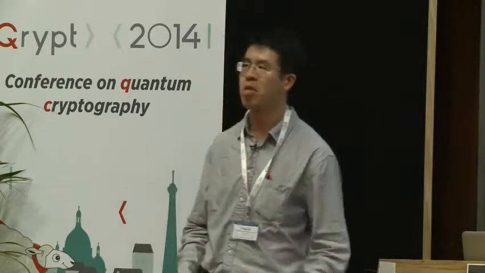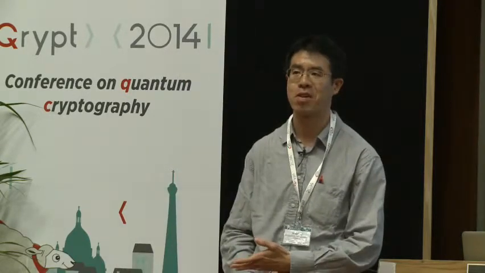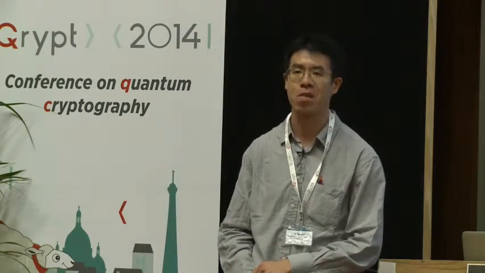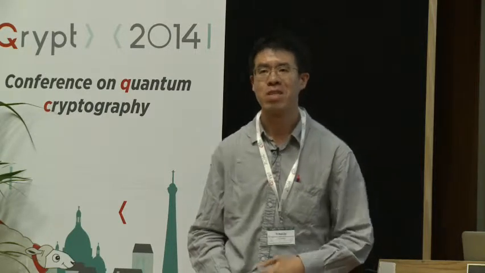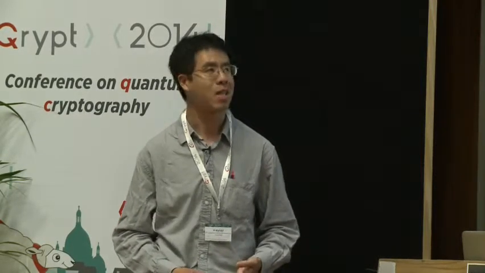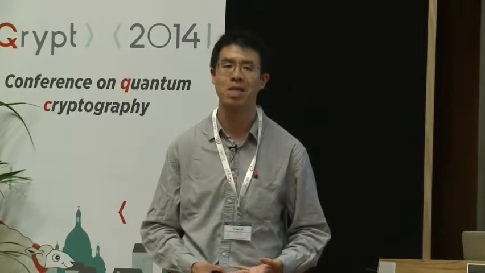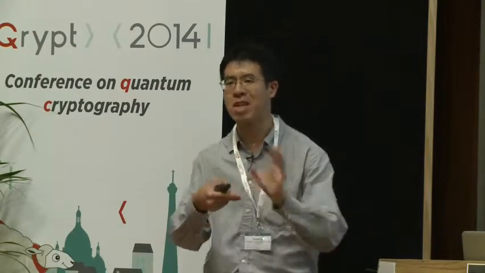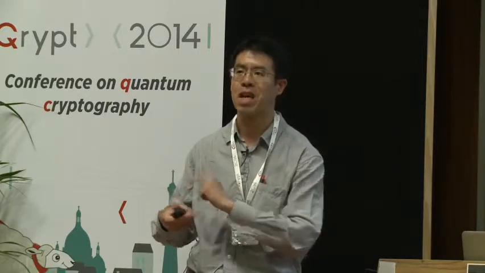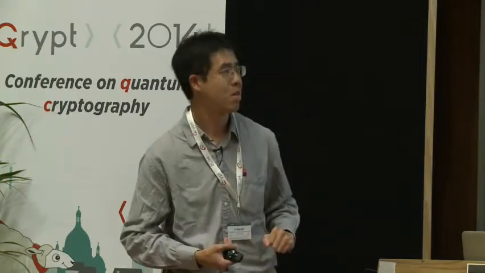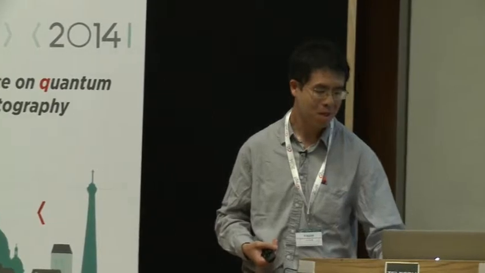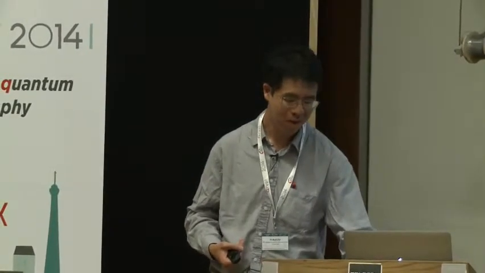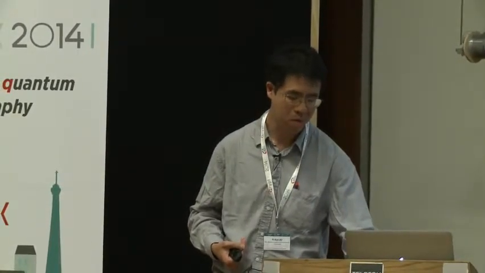So in a fully quantum world, we cannot realize these kinds of functionalities with information theoretic security. This is why things like the isolated qubits model become interesting: you need quantum mechanics, but you also need some additional assumption to make this kind of cryptography possible. That's the high-level view of what this talk is about.